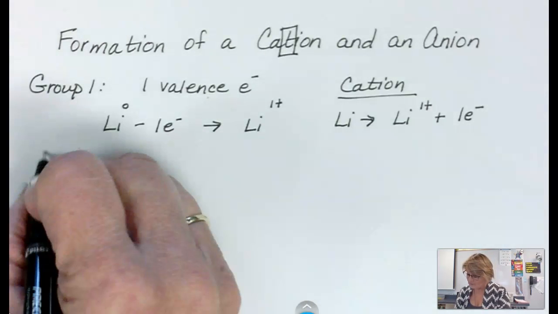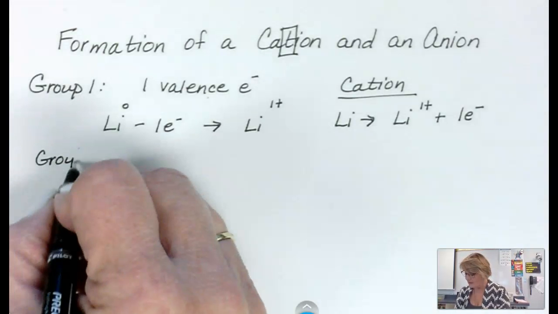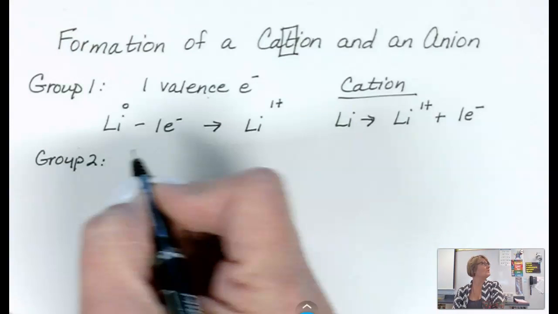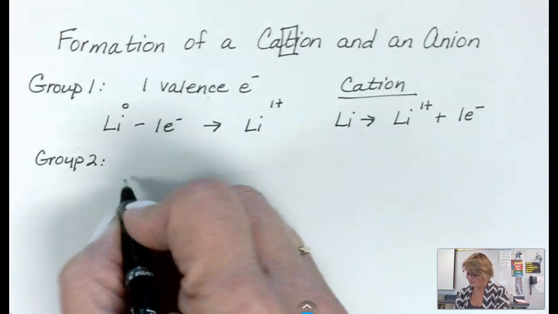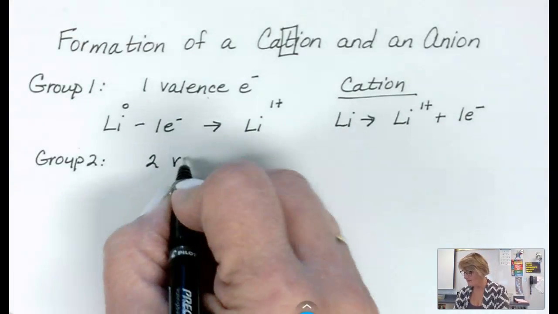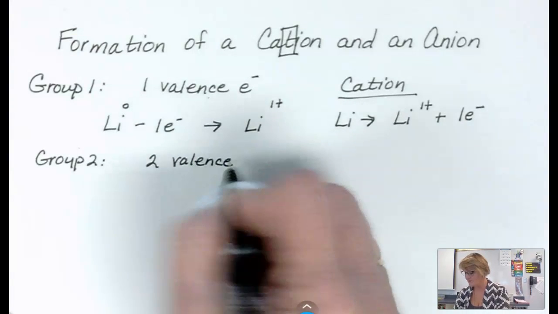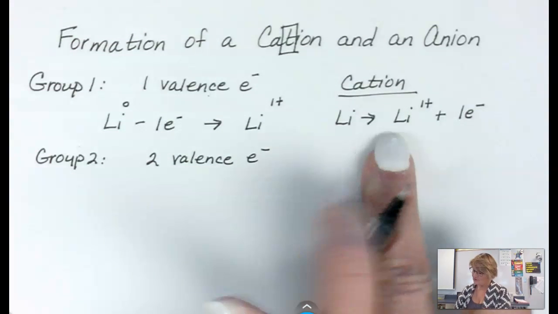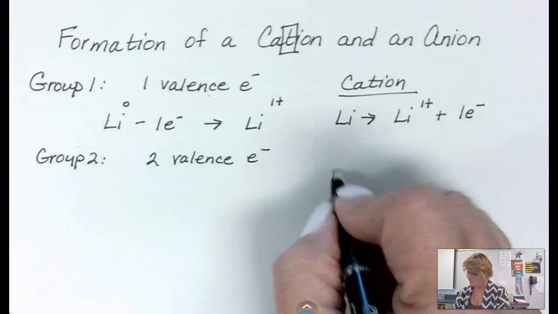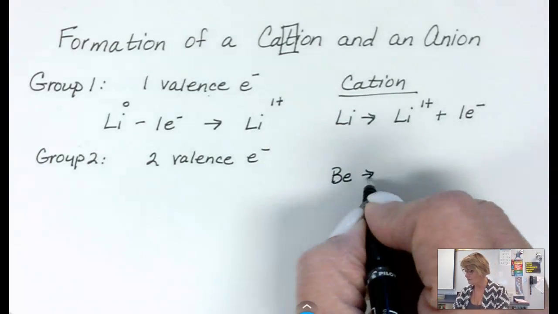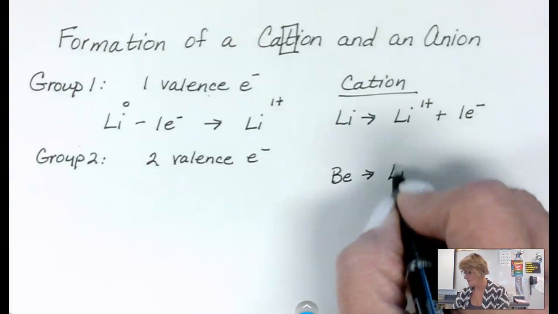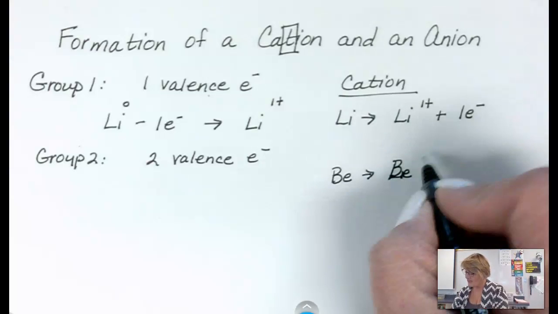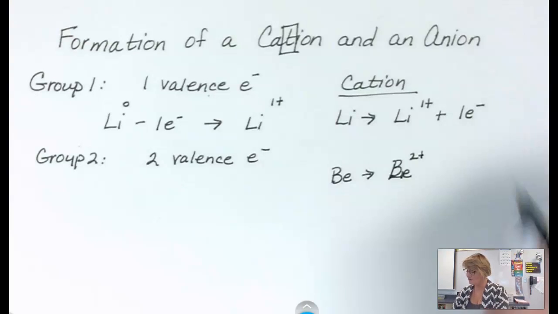If I go to, let's say, group 2, maybe I have beryllium. Beryllium has 2 valence electrons, my bad. When I write it, I could go straight to this one. Beryllium is going to lose 2, so it becomes a 2+.